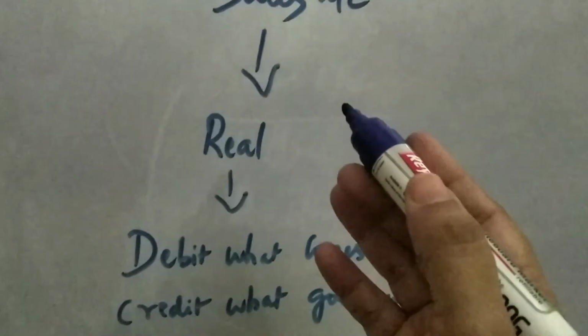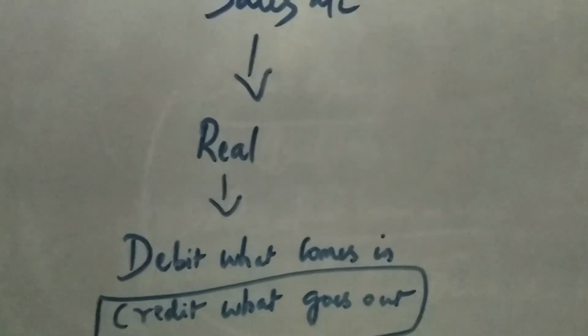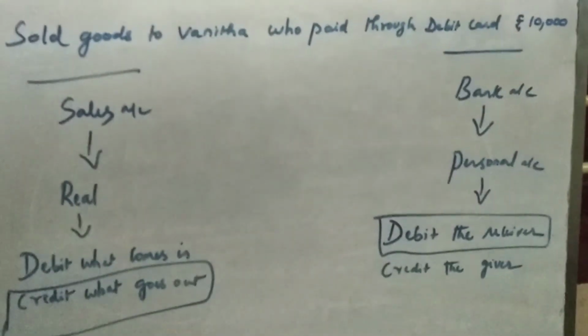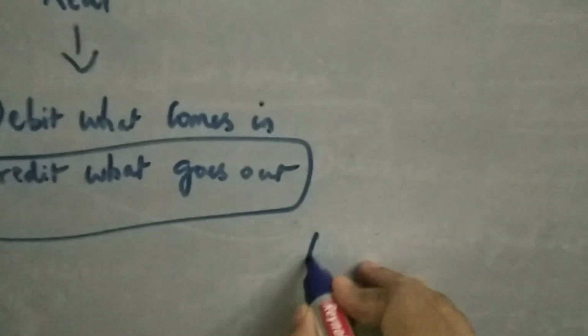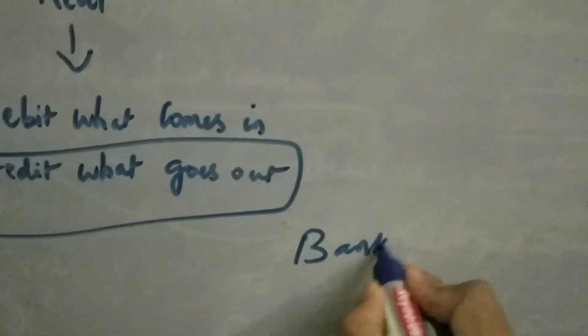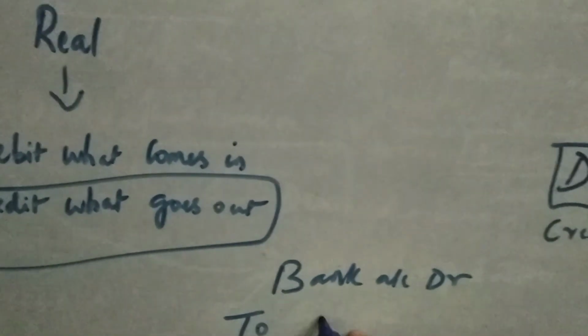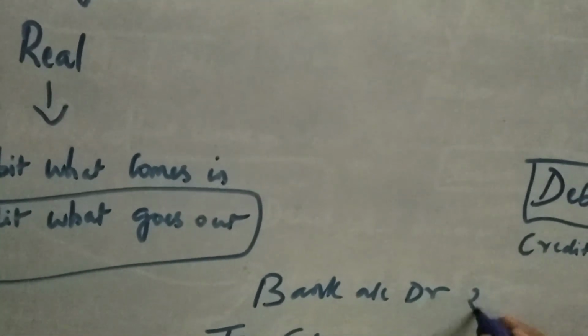So when a sale has been made, goods are going out of the business, so credit what goes out. We are going to credit sales. So what is going to be the entry now? Bank account debtor to sales account, 10,000.